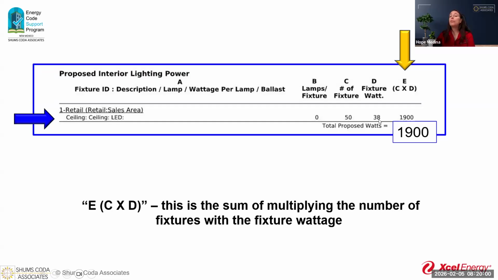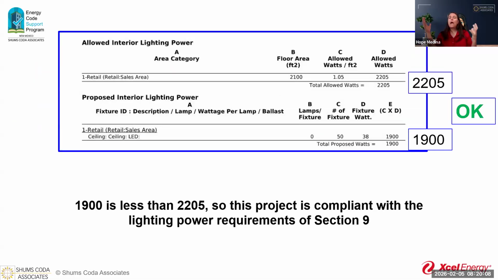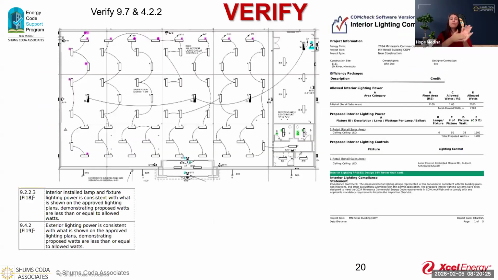So when you multiply 50 by 38, you get 1900. Okay, perfect. They are saying that they're going to utilize 1900 watts. They were permitted to have 2205. And since 1900 is less than 2205, I know as a plans examiner, okay, they've met the criteria for the interior lighting power density concept.